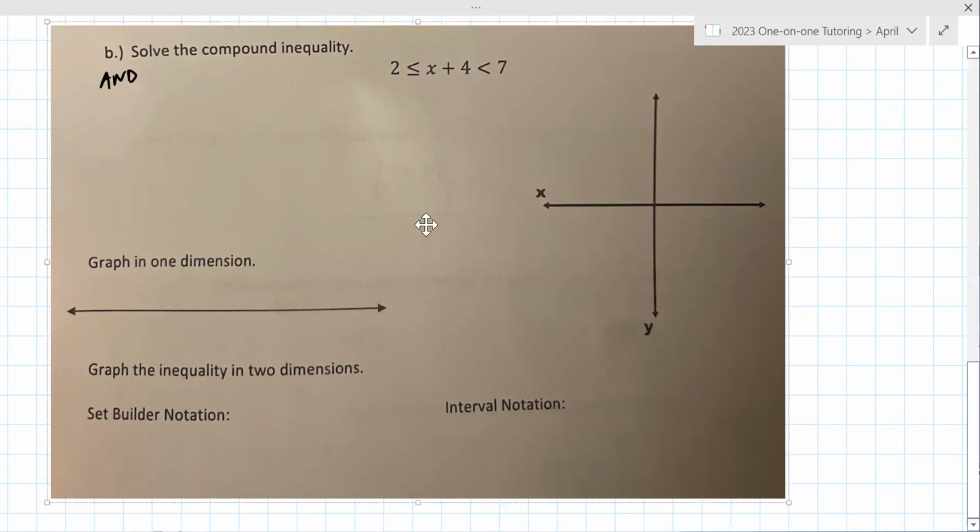Would you subtract 4 from all sides? Yes. So -2 less than or equal to x less than or equal to 3. Go ahead and try graphing that on the number line here in one dimension.